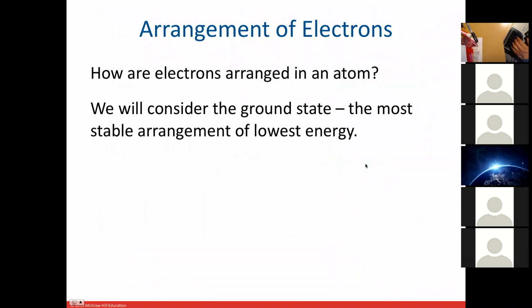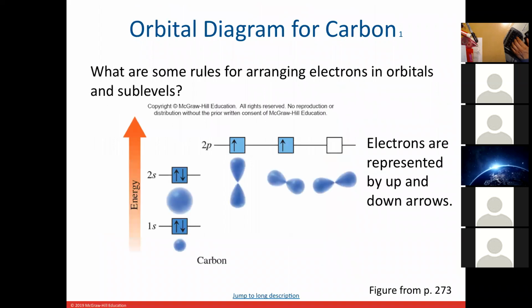How are electrons arranged in an atom? We'll consider the ground state, the most stable arrangement. So there's this order of filling that I'm going to put electrons in the orbitals. This is actually showing carbon. Carbon has 6 electrons. So I put the first 2 in the 1s.